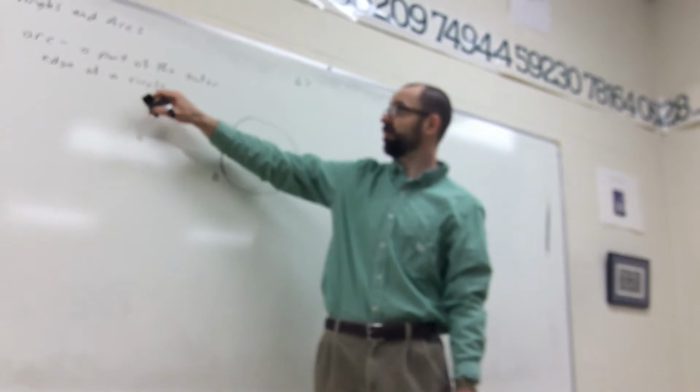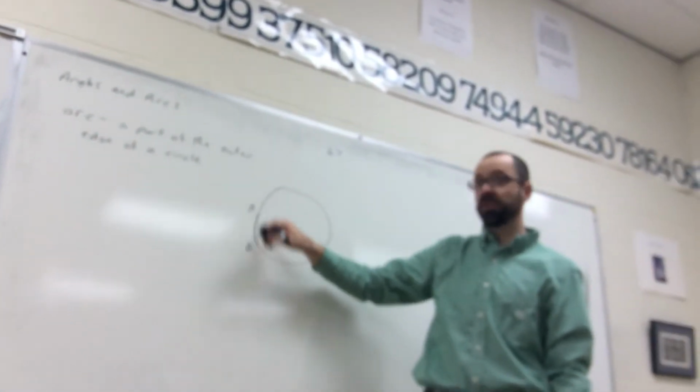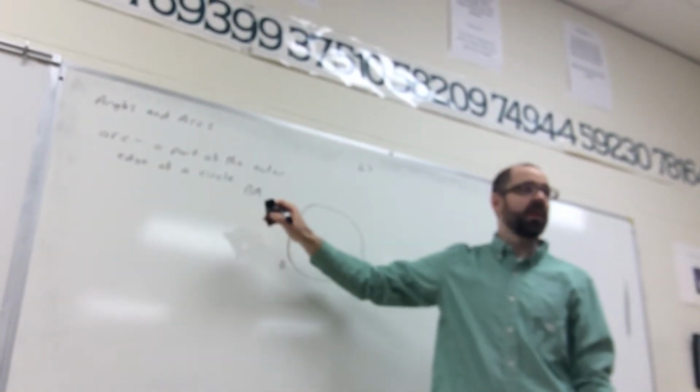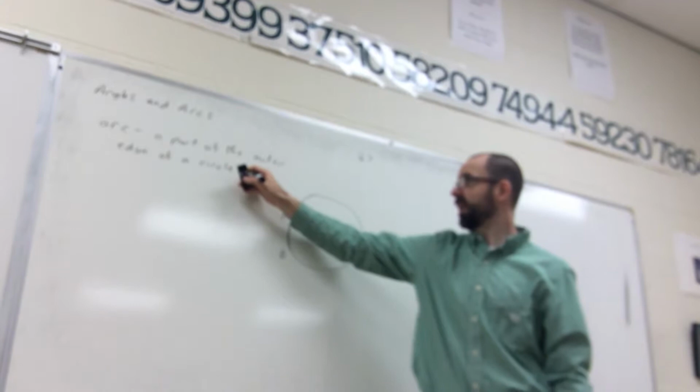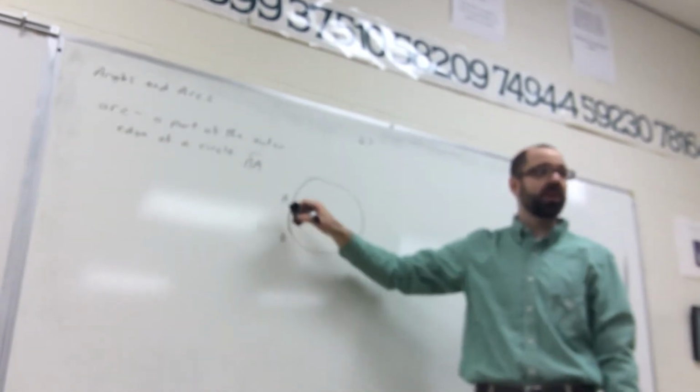So an arc is a part of the outer edge of a circle. And when you name it, you use the 2 letters, so B and A, and then you put a little curved line on top of it. So BA is the name of that arc.